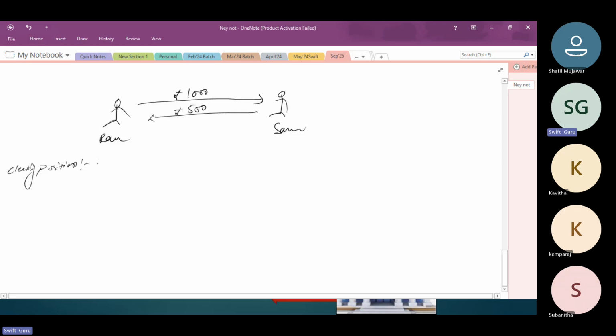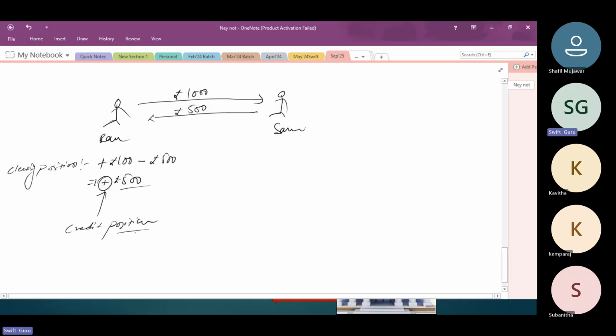It is plus rupees 1,000 minus rupees 500, which is equal to plus rupees 500. This plus sign means Sam has to pay back 500 to Ram. Ram is expecting credit, so basically they are in a credit position.